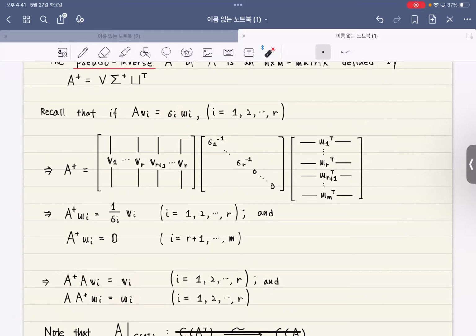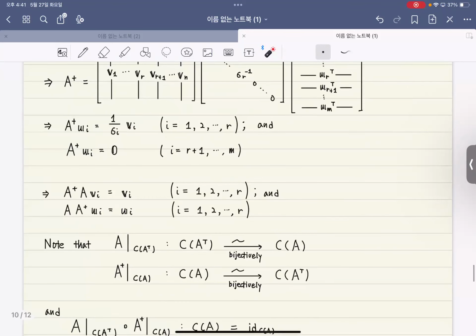And you have to remember these vectors, vi and ui, were the basis vectors for the row space and the column space. For these basis vectors, they remain unchanged under A plus A or A A plus. If all the basis vectors are unchanged, then you are safe to say these linear transformations on the row space and the column space are precisely the identity matrix.